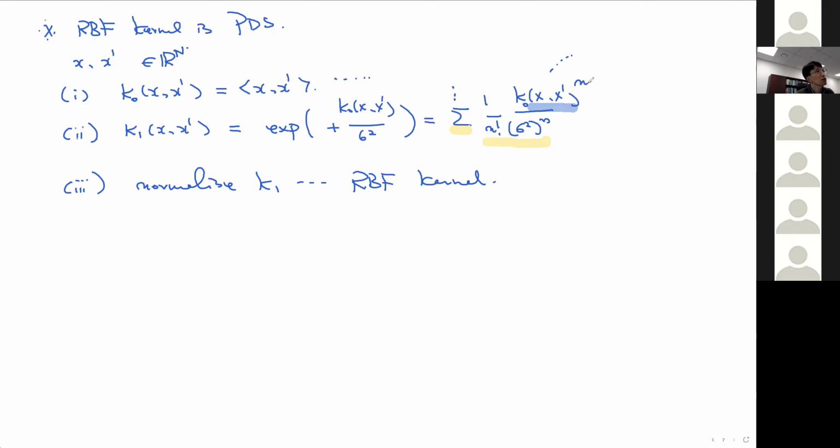So these products allow us to think about any monomials involving the products of each part of the input x, so any monomial of degree related to n. By taking the sum, we are removing the upper bound on the degree of the monomial. So any monomial on x is going to participate in the construction of the features involved here. And then the last normalization part moves all these infinite-dimensional vectors onto the sphere.